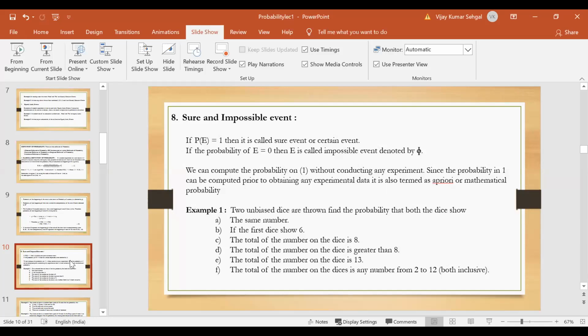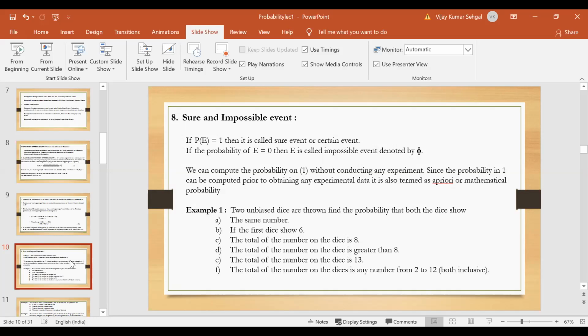Now you want the probability of the same number. Same number means you get 1,1 on both the dice. Similarly, 2,2 is the same number, 3,3, 4,4, 5,5 and 6,6.